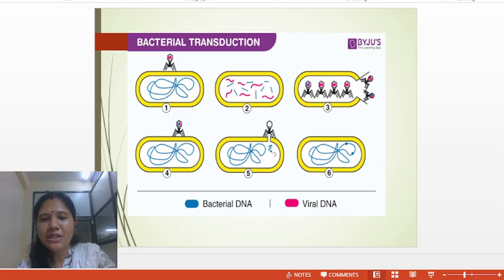The genetic material enters the bacterial cell, then they produce viral genetic material inside the bacterial cell, and after that they lyse the bacterial cell and come out, and finally they infect another new bacterial cell, transferring the genetic material from one bacterium to another with the bacteriophage.